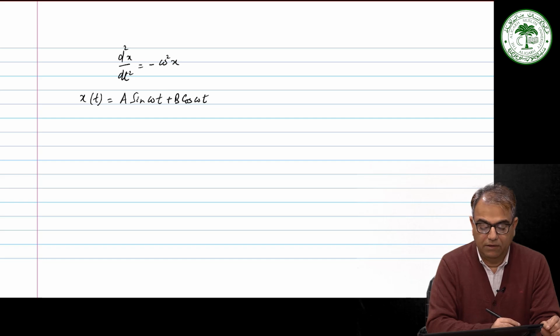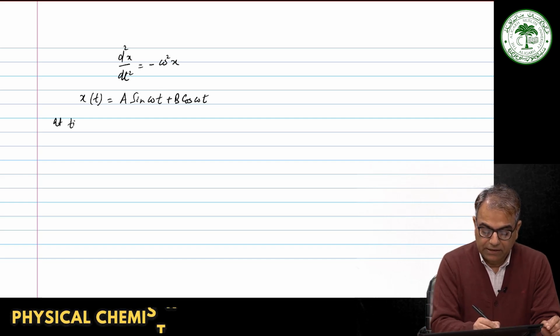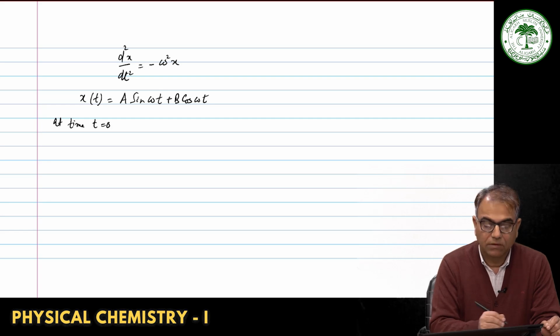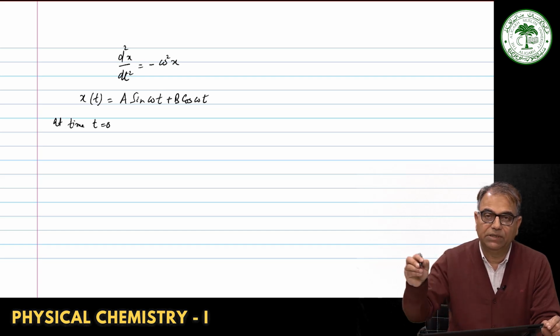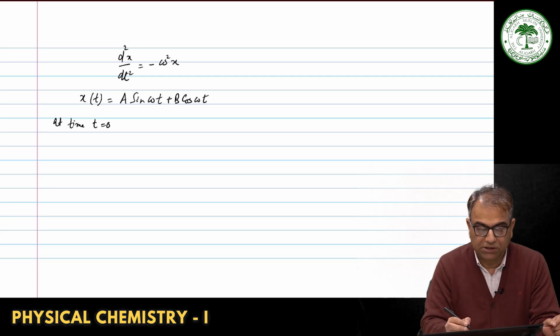Okay. Now, if I write at time t equal to 0, okay, this is the time at which you bring the pendulum to the maximum displacement. Okay. Or you stretch the string to the maximum displacement.